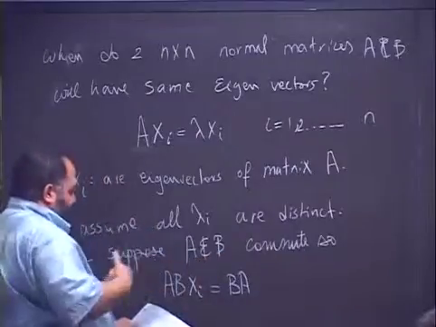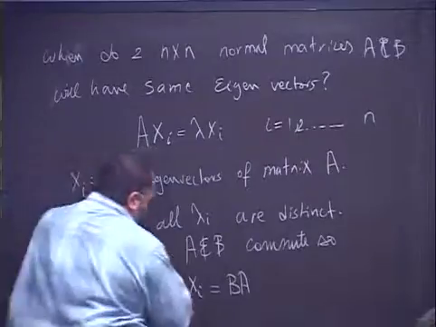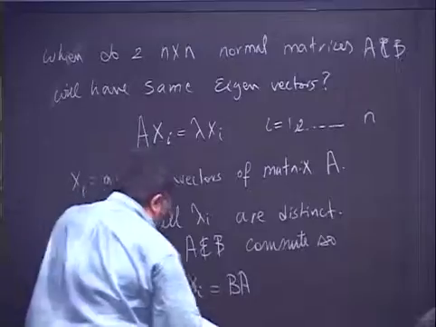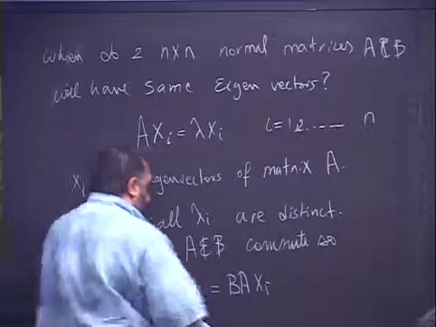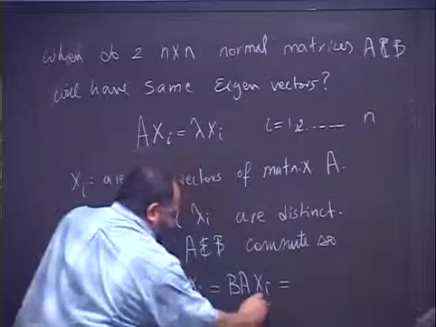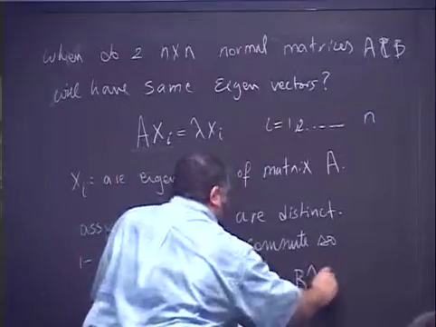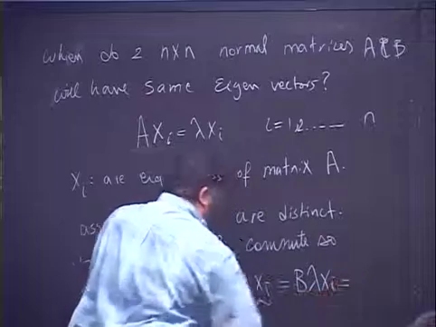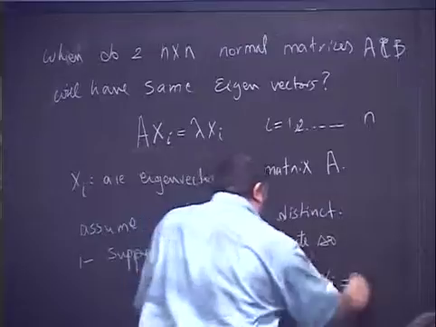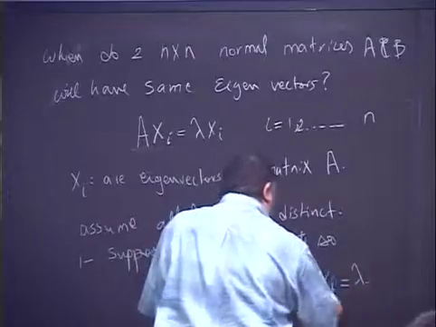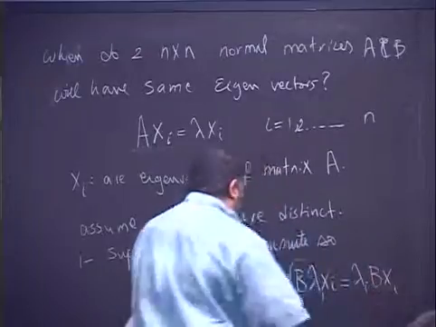Then what's A Xi from here? It's B lambda i Xi. Then I can take lambda outside, and this will be lambda i multiplied by B Xi.